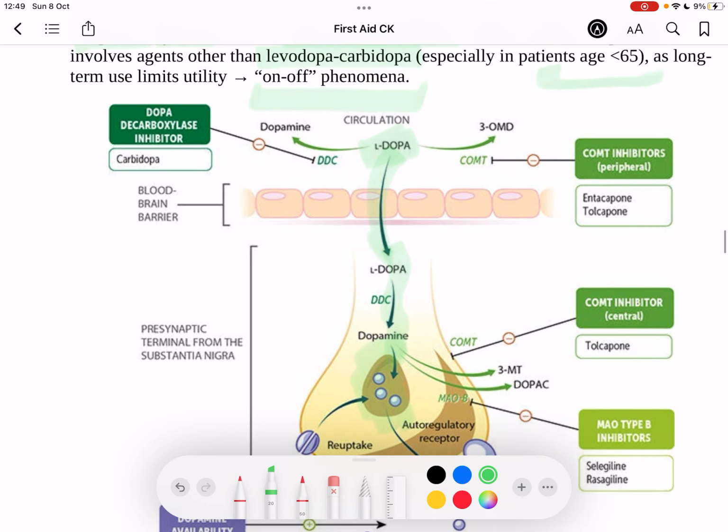It's usually given with a drug called carbidopa, which inhibits the dopa decarboxylase enzyme, which breaks down dopa into dopamine in the circulation. If dopa is broken down into dopamine in the circulation, this causes lots of side effects like orthostatic hypotension, and it also decreases the bioavailability of dopa to get across the blood-brain barrier. So if I give carbidopa, that's going to prevent the peripheral breakdown, prevent these side effects, and increase the amount of dopa going into the brain.